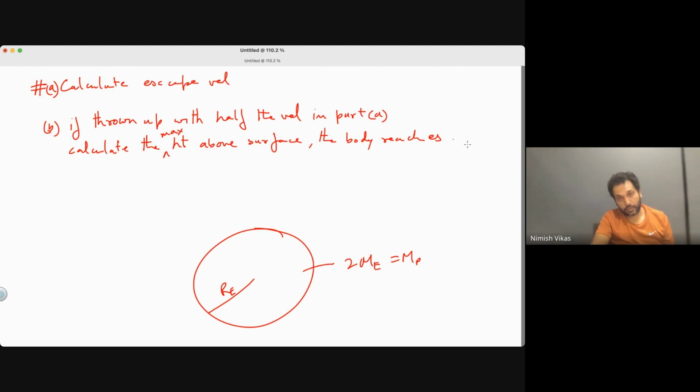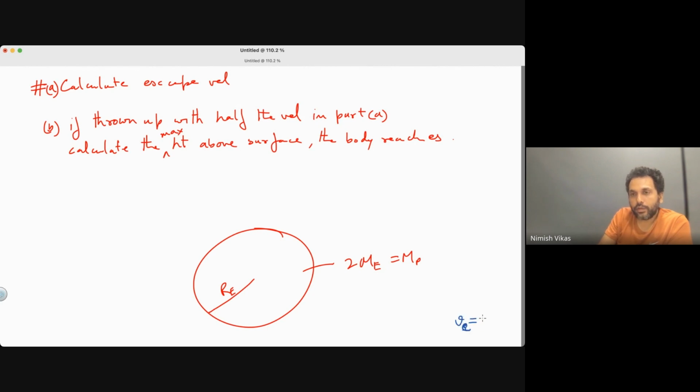Done, guys? Yes, sir. Okay. What is it? 2 root GM by R. Give me some numerical value, or in terms of so much into escape velocity of Earth.